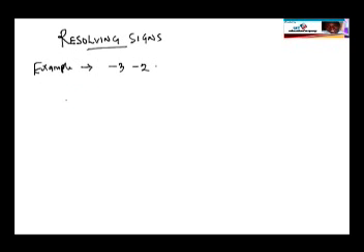So first we have to know how to resolve signs. So we can just write here in terms of sign resolvation, whenever two signs come in between, the resultant sign becomes, let's see, combined sign and resultant sign.